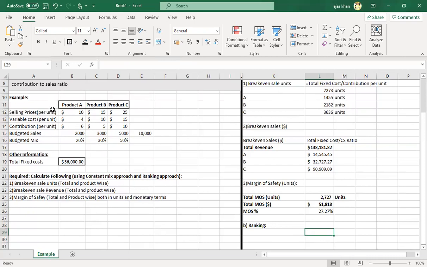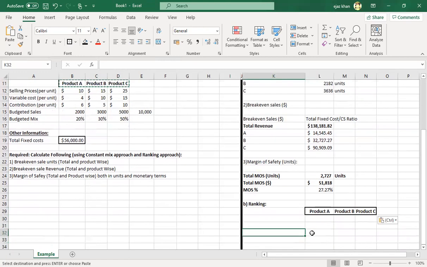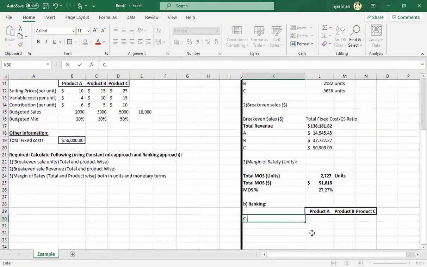So I'll have to just copy this here, and I just need to calculate CS ratio for each of the three products. For this, I need to pick the contribution of the product and divide it by the price of the product to find out what's the percentage contribution.